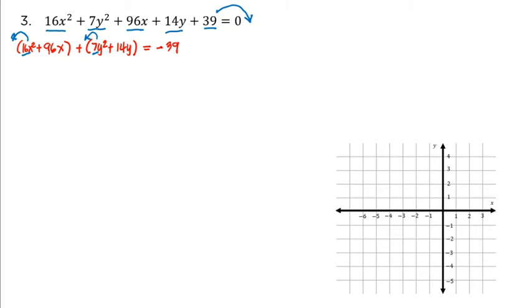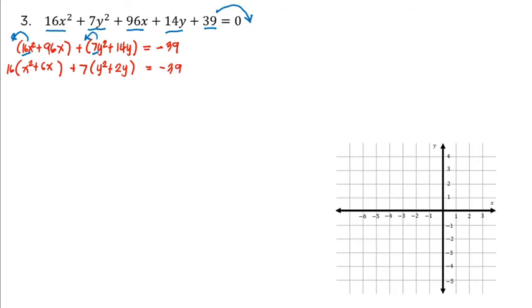So we will now have 16 times x squared plus 96 divided by 16 is 6x, right? Plus si 7 factor out. So you have y squared plus 14 divided by 7, that is 2. Then you have y equal to negative 39.